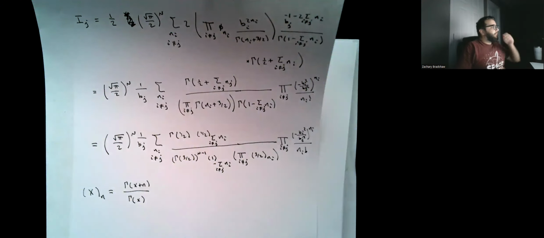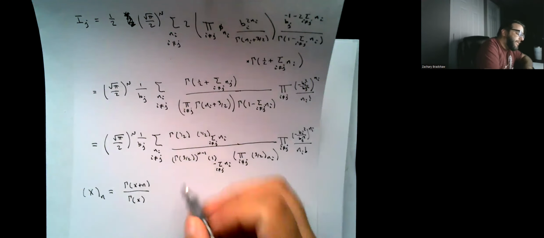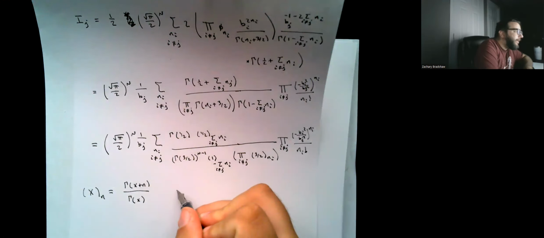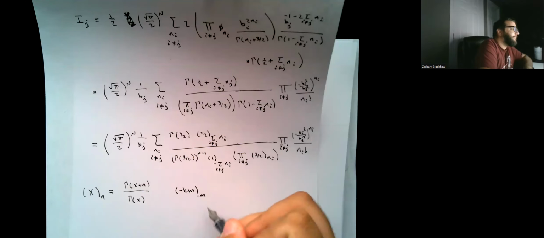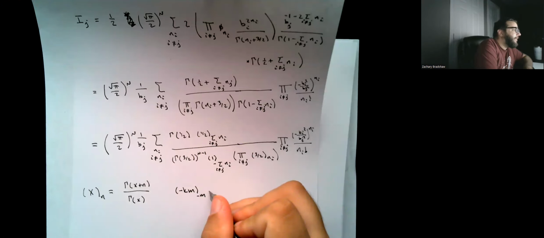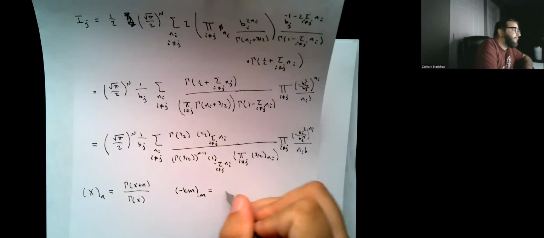Okay, so the next thing I say comes from a paper on the method of brackets, which says that when you have a Pochhammer symbol with a negative index, so if you have something of the form minus k, m minus m, then we have to use the following rule.